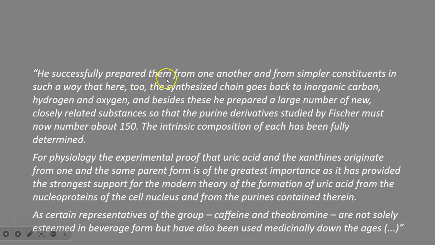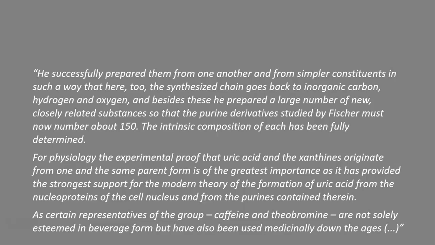He successfully prepared them from one another and from simpler constituents, in such a way that here too the synthesized chain goes back to organic carbon, hydrogen and oxygen. And besides these, he prepared a large number of new closely related substances, so that the purine derivatives studied by Fischer must now number about 150. The intrinsic composition of each has been fully determined.